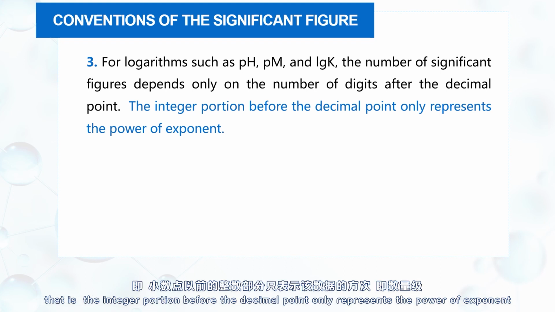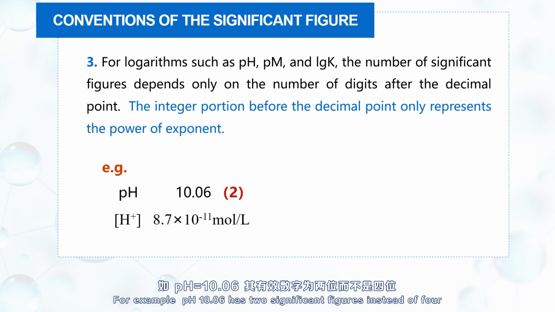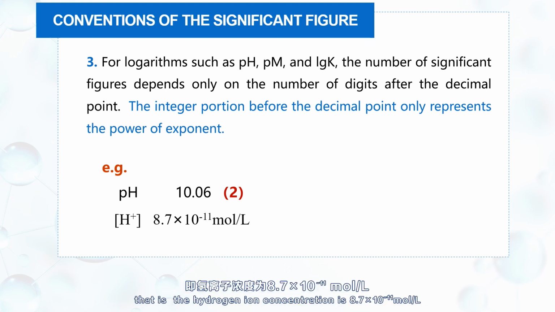That is, the integral portion before the decimal point only represents the power of exponent. For example, pH 10.06 has two significant figures instead of 4. That is, the hydrogen ion concentration is 8.7 times 10 to the power of minus 11 mole per liter.